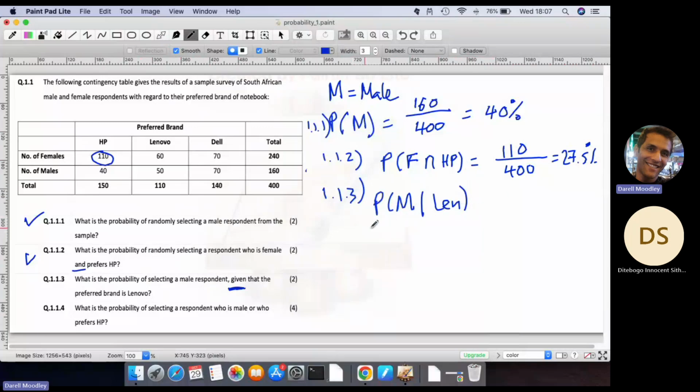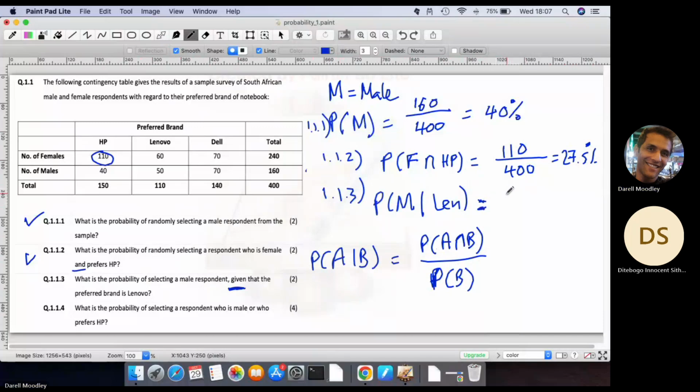Now for this probability, you use your formula sheet. Your formula sheet tells you that the probability of A given B is equal to the probability of A and B divided by the probability of B. So in our case, instead of A and B, we're going to write male and Lenovo.